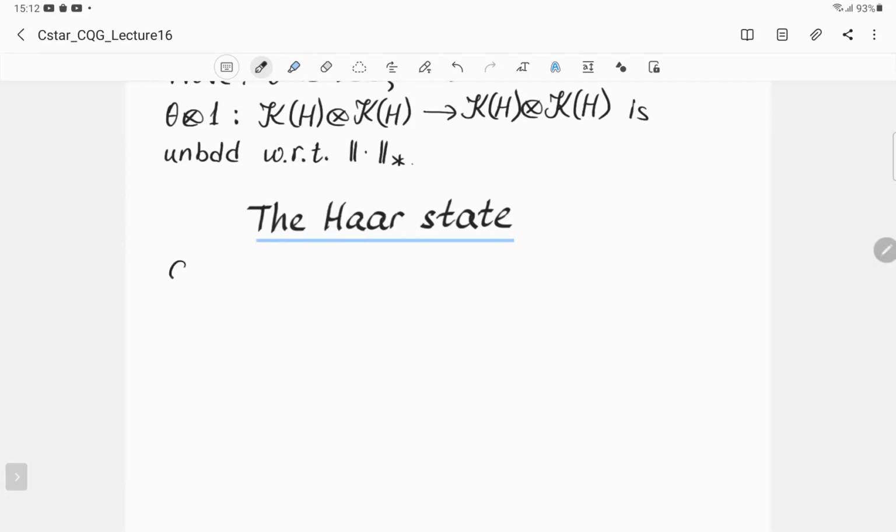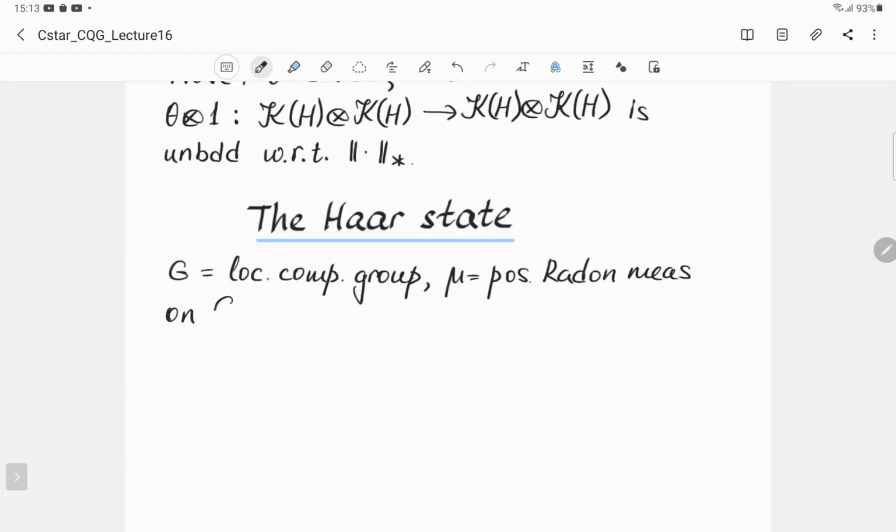Suppose that G is a locally compact topological group and suppose that mu is a positive Radon measure on G. In general, mu is not necessarily finite.